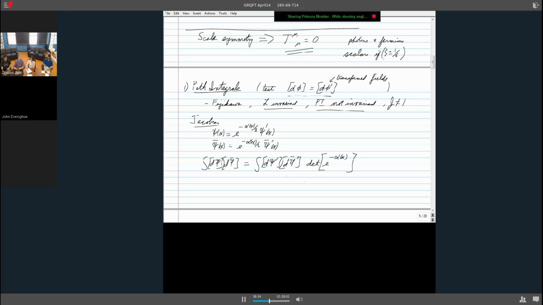And so when I have a path integral, I'm going to have the integral d psi d psi bar, and I'm going to try changing that over to d psi prime, d psi bar prime.